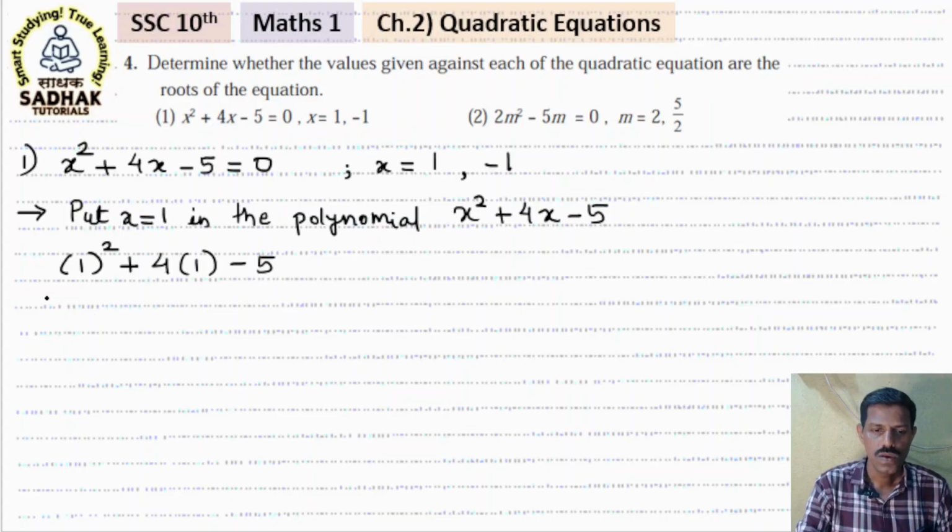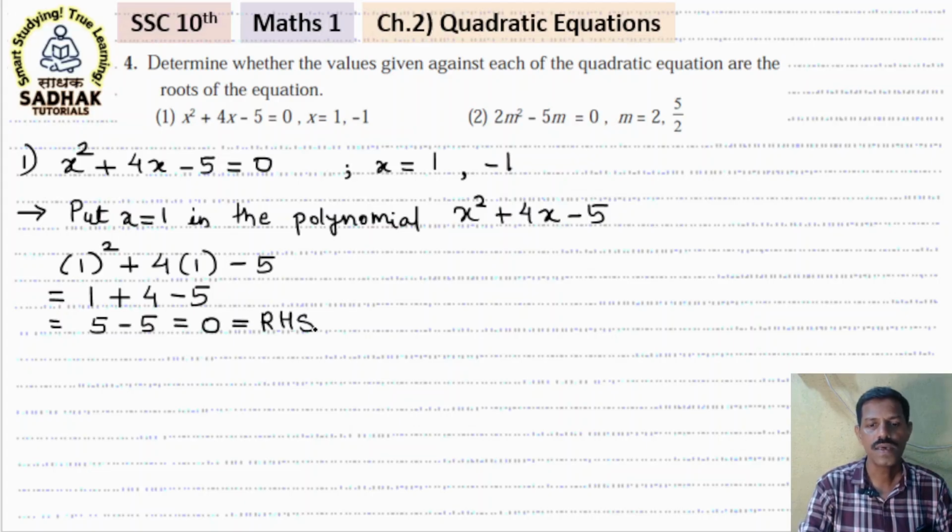So let us simplify this. So this 1 square will become 1. We know that the square of 1 is always 1. 4 multiplied by 1 is 4 and minus 5. Now this 1 plus 4 will be 5 and 5 minus 5 will give us 0, and we can see this 0 is equal to the right hand side.